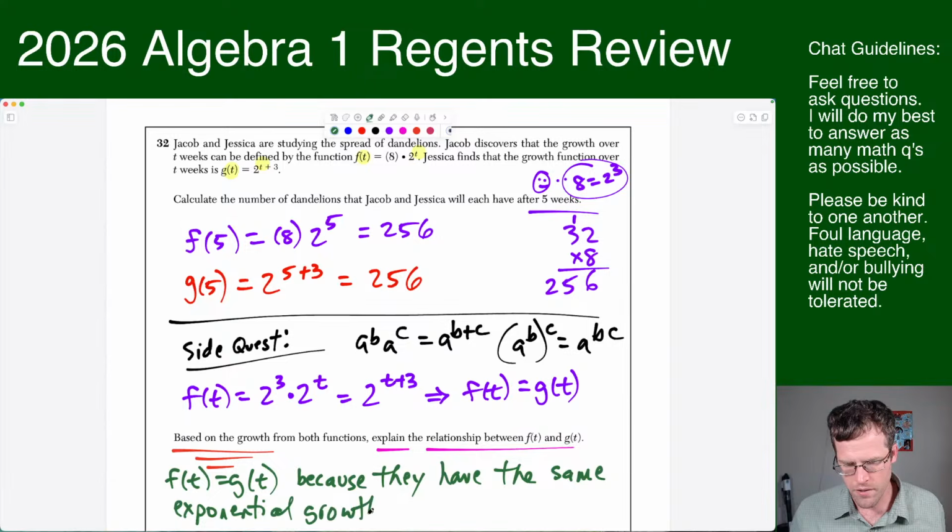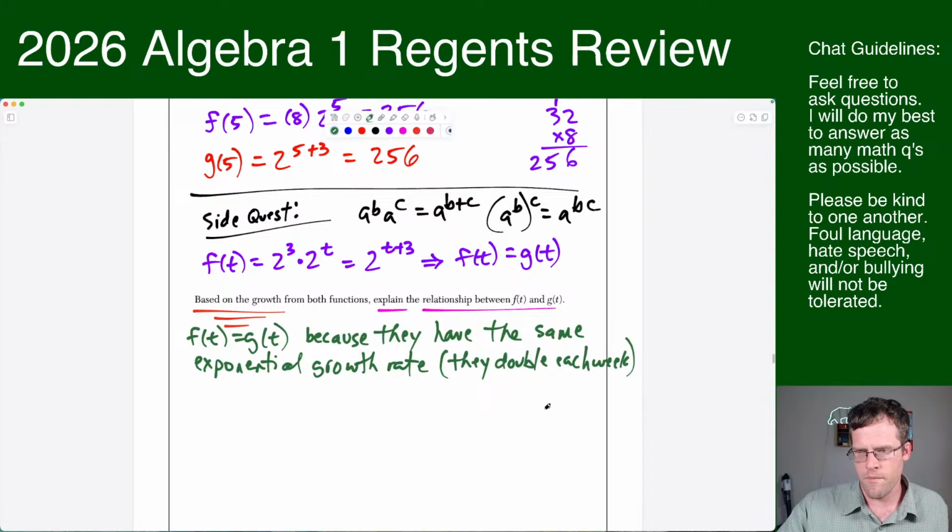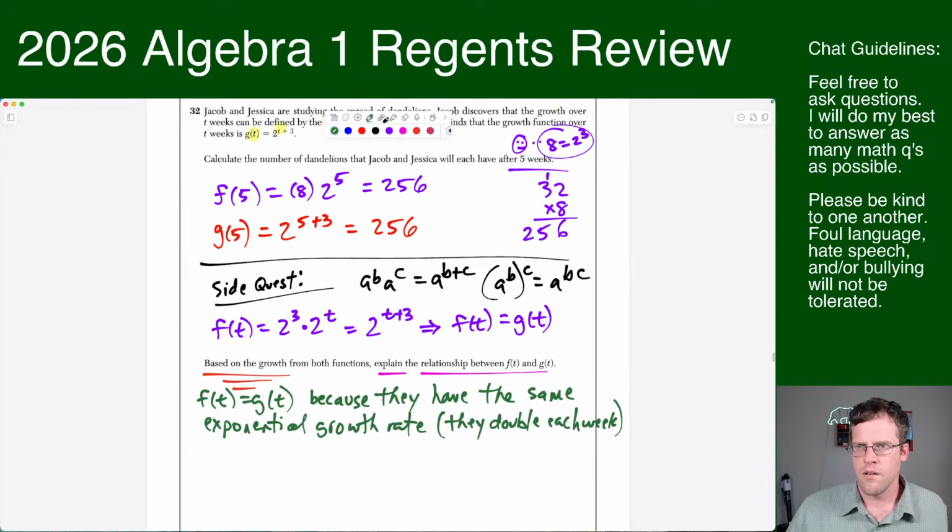I would just say they double each week. So here, let's just summarize this. F of t equals g of t because they have the same exponential growth rate. They double each week.